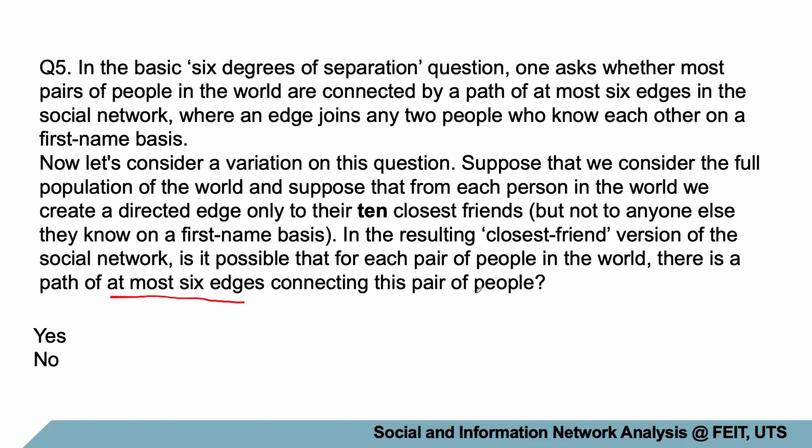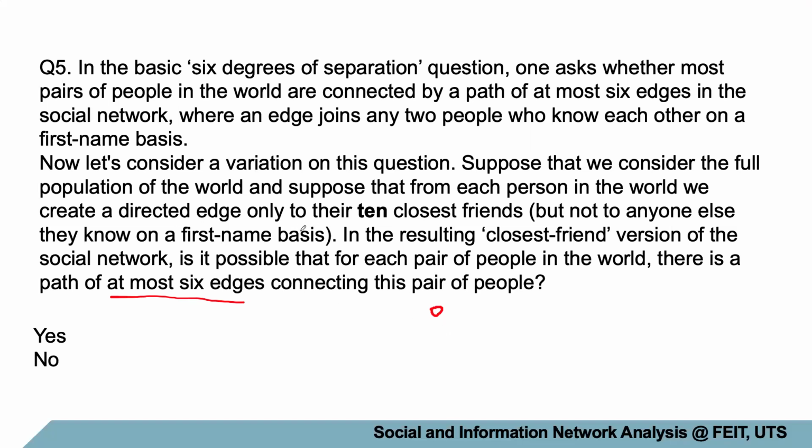Sorry, can you repeat your question? Yeah, for this question, the question suggests we create a directed edge only to their 10 close friends. So can I understand this situation as having a high clustering coefficient, but not to anyone else they know on a first name basis? So is this situation like we have a low average shortest path?